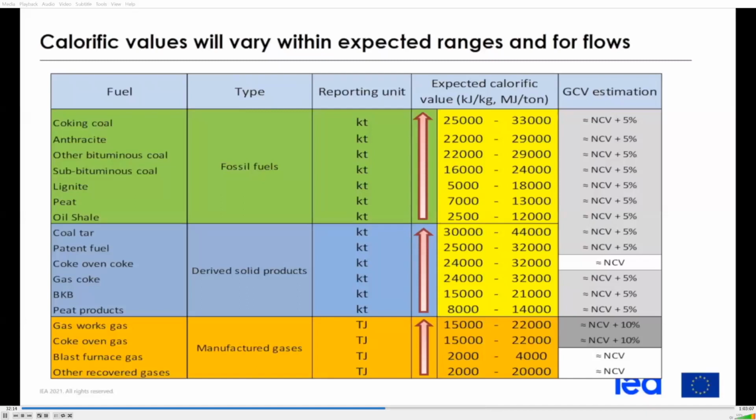For example, for coking coal, we expect between 25,000 and 33,000 kilojoules per kilogram. Depending on the product, we would also expect the variation between the NCV and the GCV to be around 5 or 10%. This slide is available, so please don't hesitate to refer to it if you have doubts on the value you obtained for a specific product.